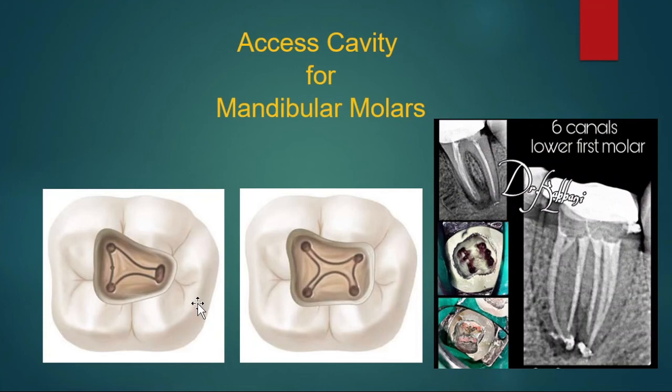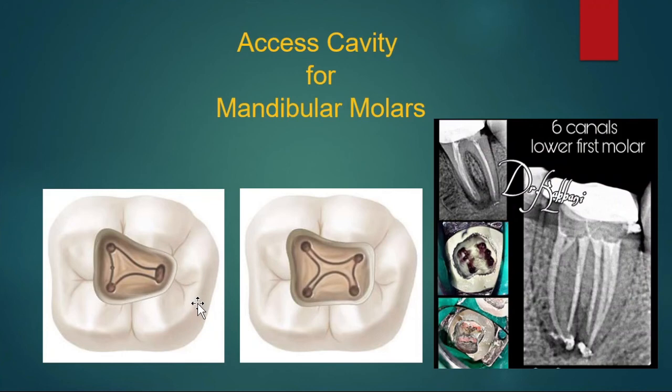All right. Sometimes we have a lot of variation for these two teeth. So for the first molar, it can have three canals, four canals, five canals, or even six canals, like the X-ray below. Here is a retreatment case that I did almost 3 years ago.